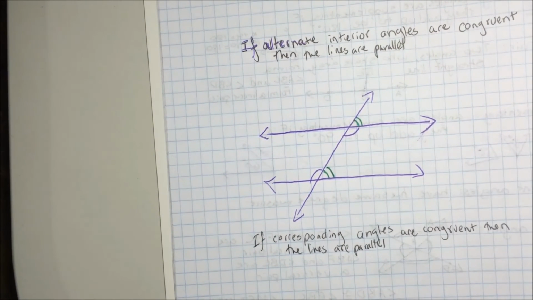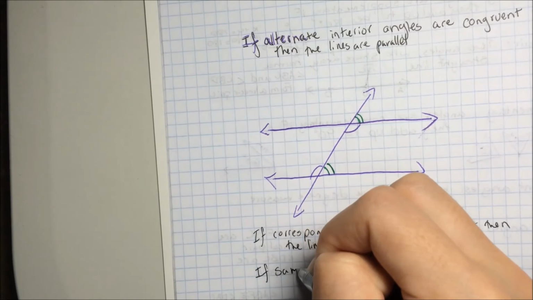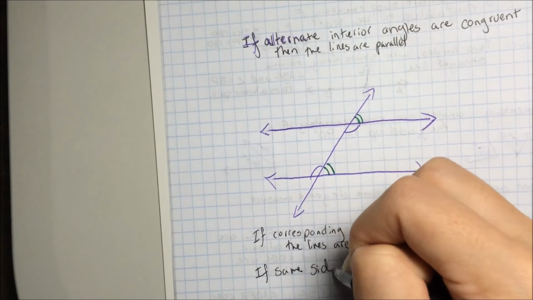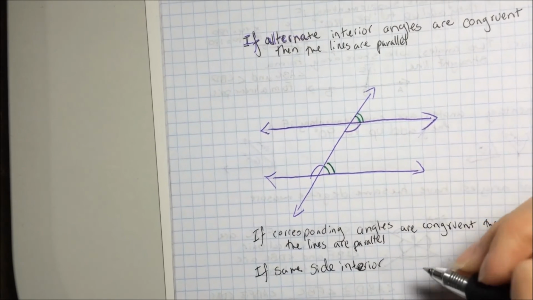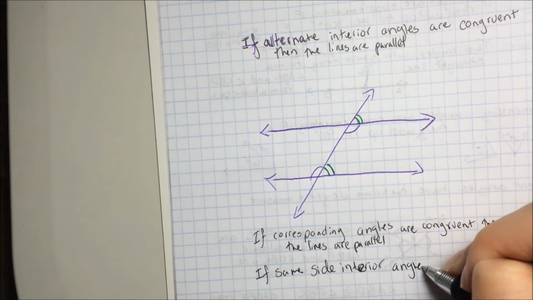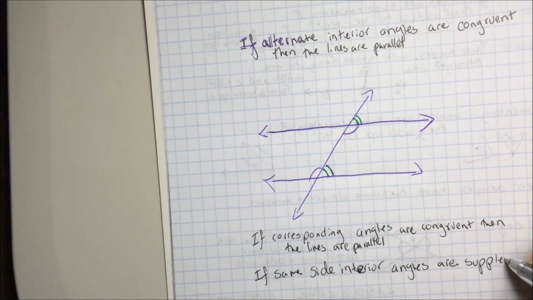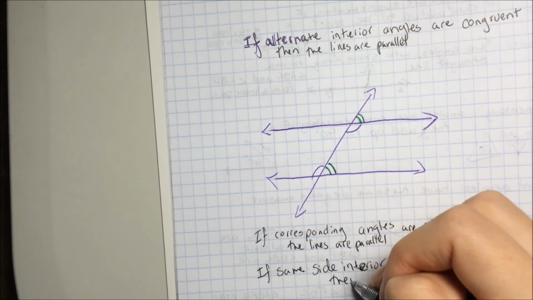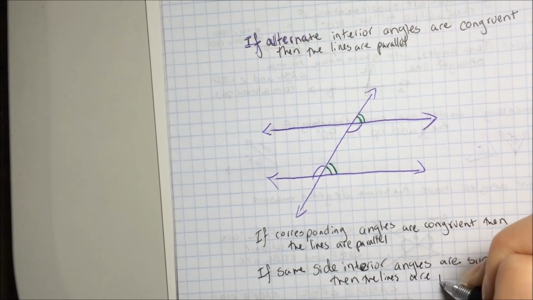And the last one is if same side interior angles are supplementary, then the lines are parallel.